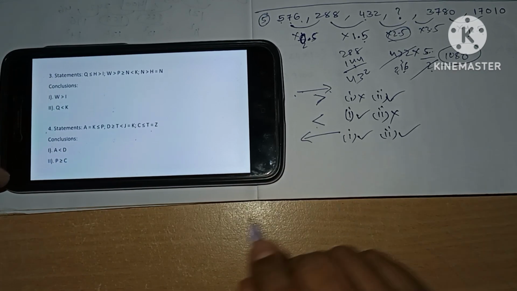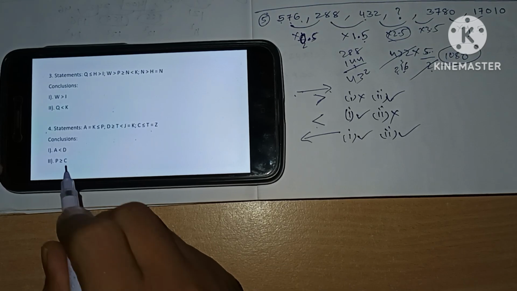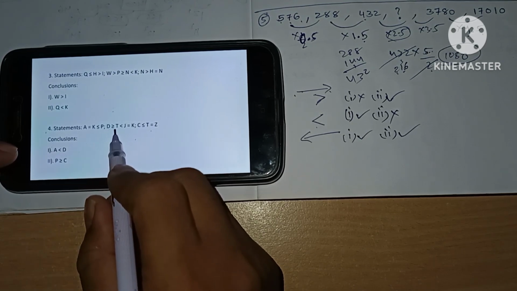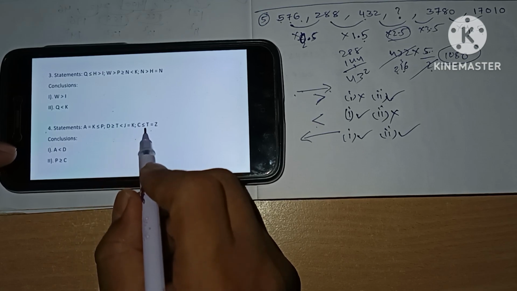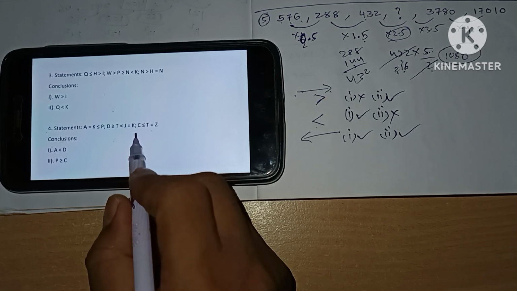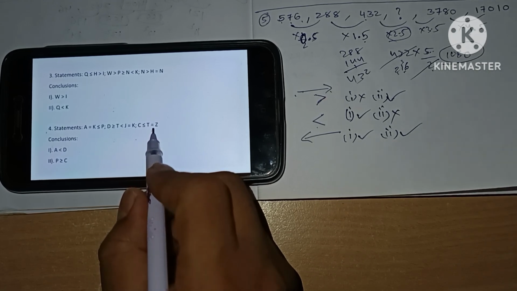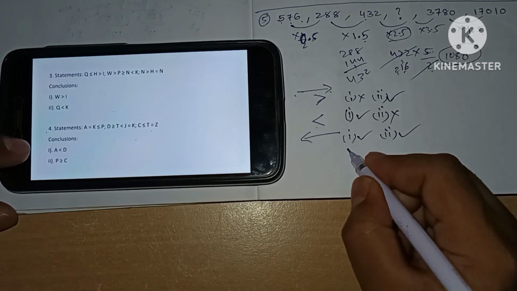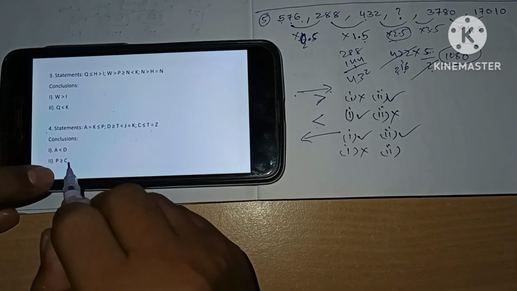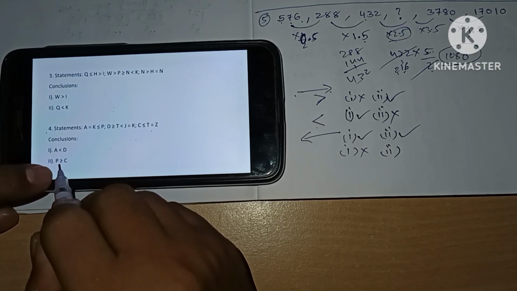Now we are going to see question number 4. The flow from D to A. From D we can reach to T. From T we can reach to C or Z, but none of the others. So first conclusion will be false. Second conclusion, the flow from P to C with everywhere equal to.